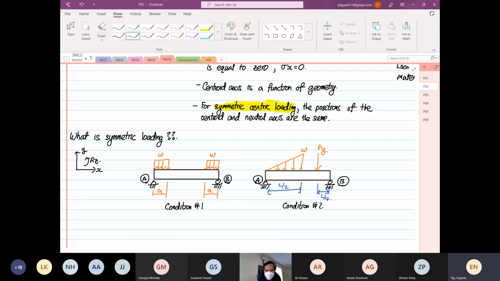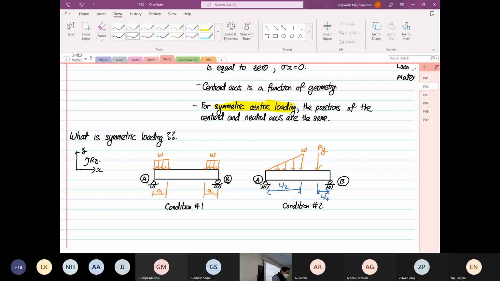Michael says both. Gunpreet, you say 1 or 2? Both. Okay, both is correct. But the why is wrong. The why.